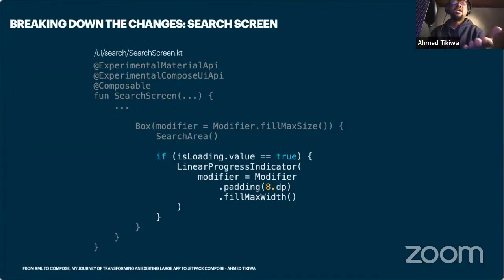In this case, isLoading equals true. It'll check that, and then it will draw that onto the screen. That's how it's displayed. You can use that same logic: if the user has clicked on this and you want to say, are you sure you want to log out? If isLogout equals true, then you can just invoke the alert dialog composable.